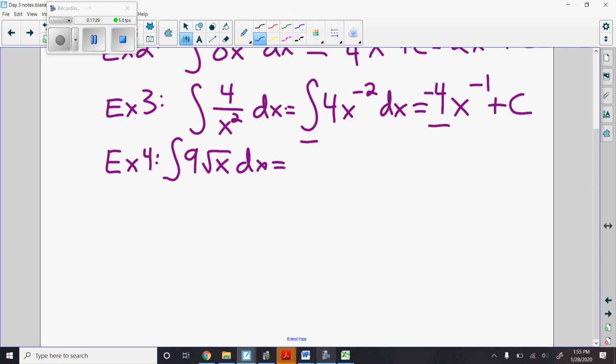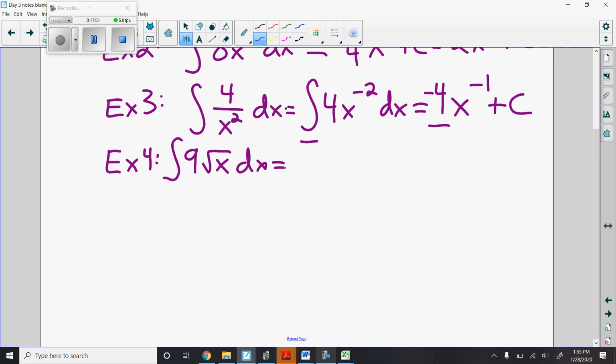Once again, this isn't an ax to the n form. So I want to rewrite this thing so it's an ax to the n form. And I have to tell myself square root means what in terms of an exponent? Well, square root means to the half power. So I want to rewrite this thing as 9x to the half.